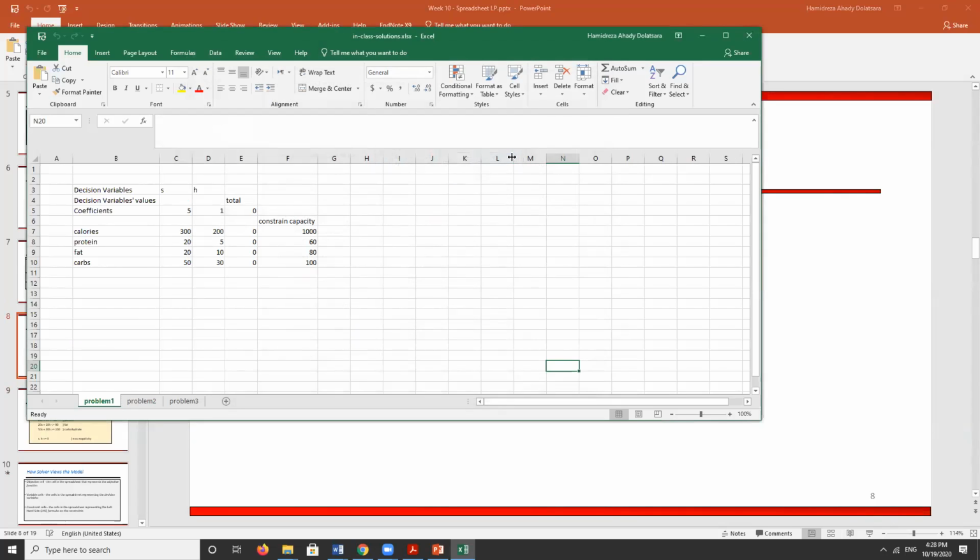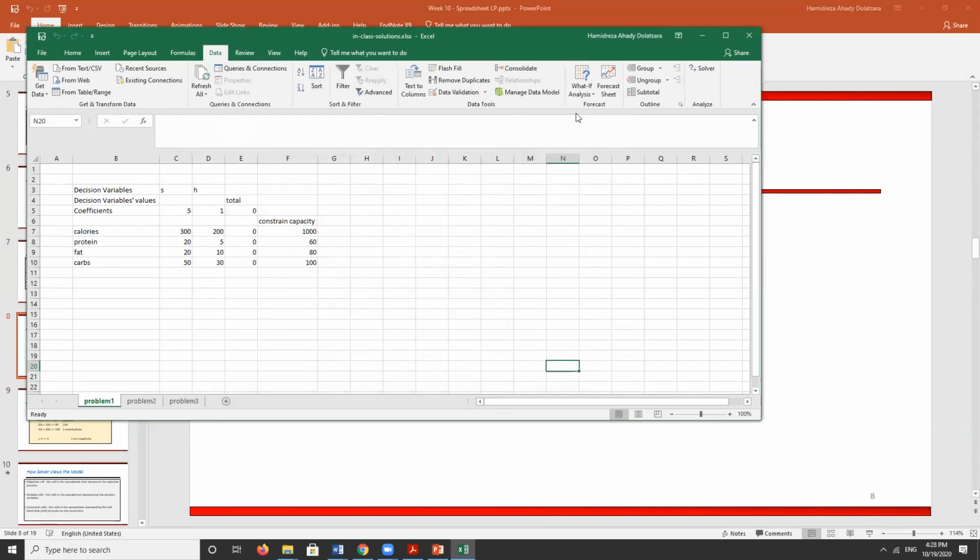Click OK. Now, if you go to the Data tab, you see you have a Solver section.